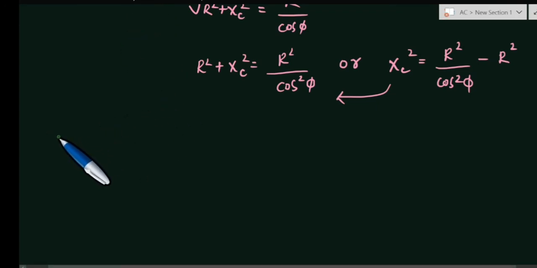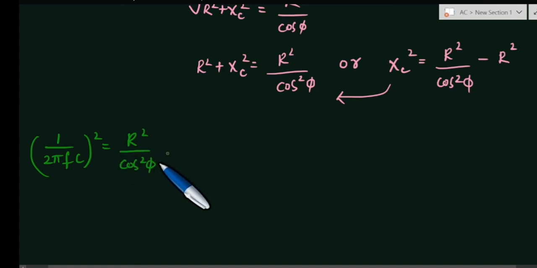XC is equal to 1 divided by 2 pi FC, squared, that is equal to R square divided by cos square phi minus R square.